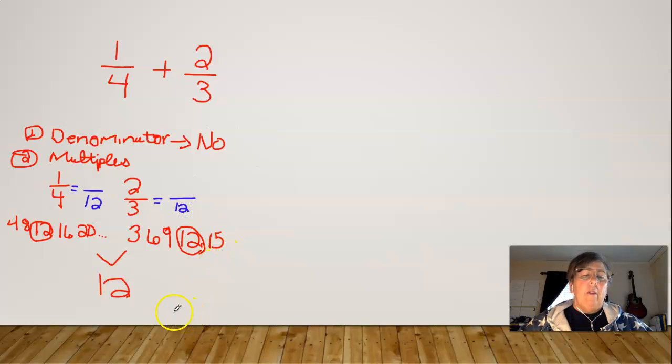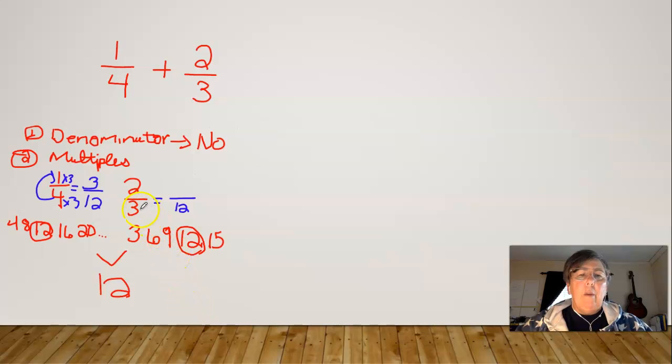Now remember what we do. 4 times what gives us 12? 4 times 3. Whatever I do to the bottom, I've got to do to the top. So I'm going to say 1 times 3, which is 3.